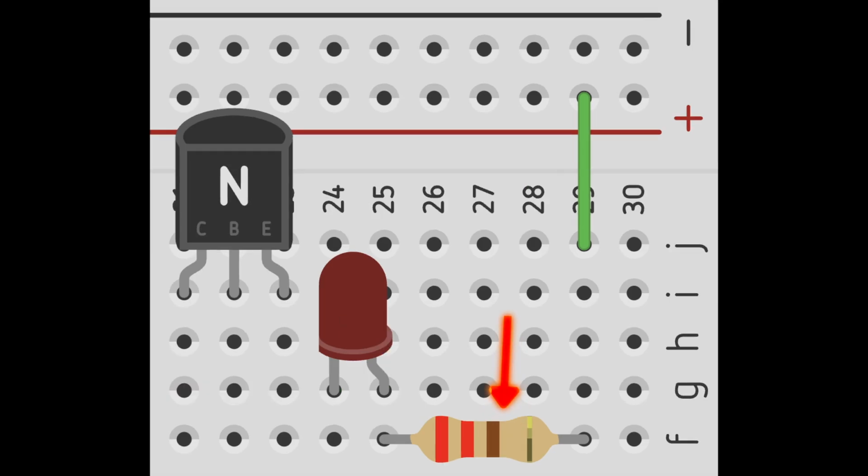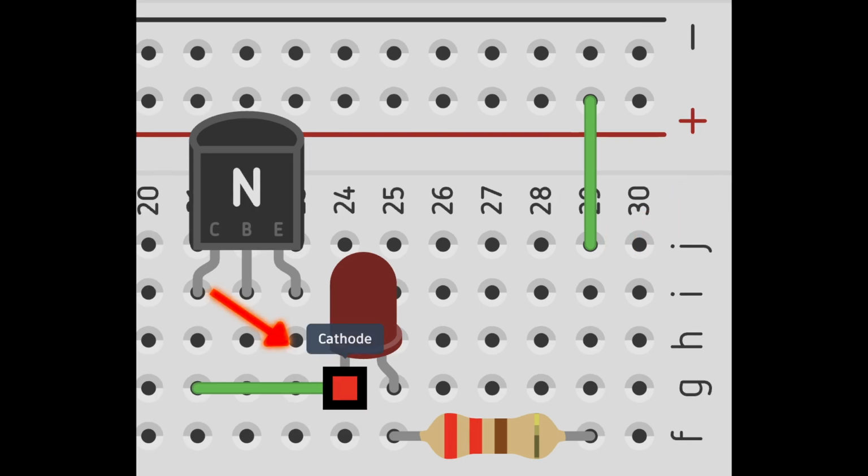Then we plug in a resistor. This resistor is 1K ohms, and it's in the same row as the positive power that we brought down and plugged into position J29. So we're bringing power to the LED.